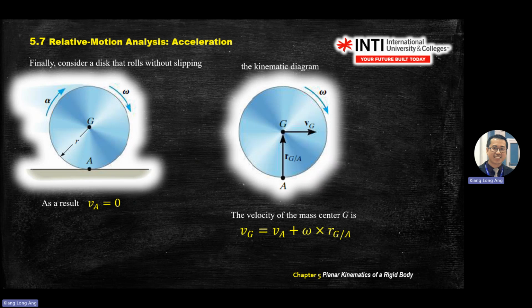When you want to calculate the velocity of G, what do you do? You take Vg equal to Va plus omega cross Rg stroke A. This is a vector analysis.